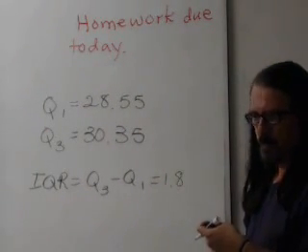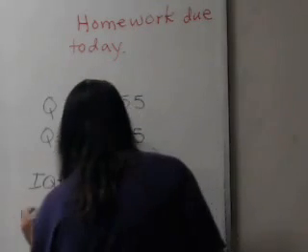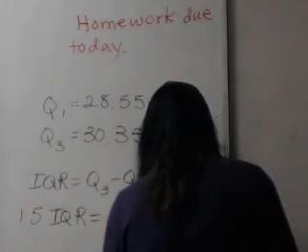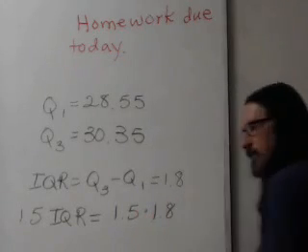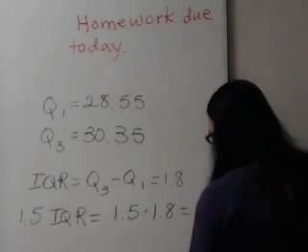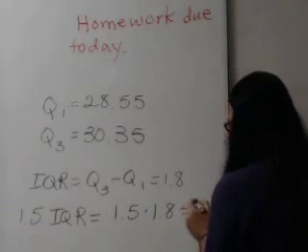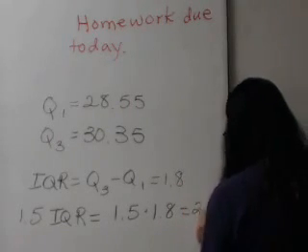Multiply it times 1.5. Half of 1.8 is 0.9. 1.8 plus 0.9, 2.7.